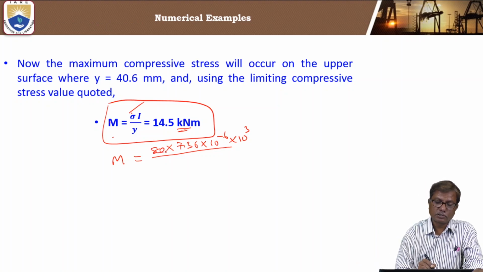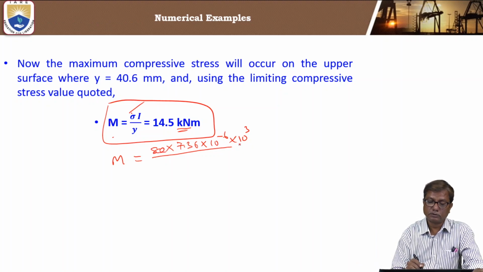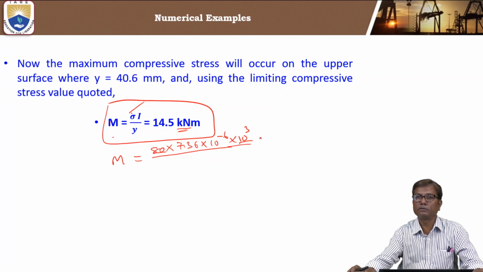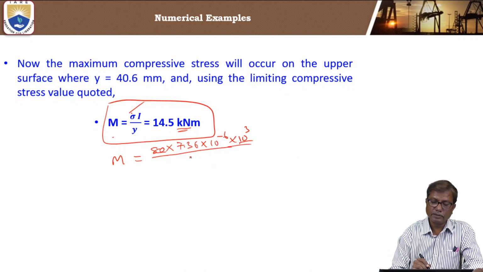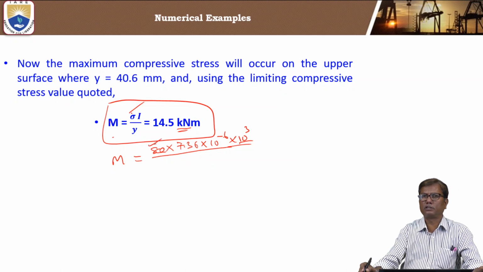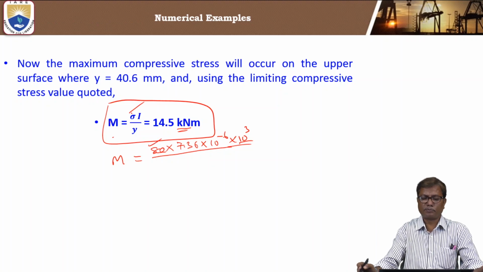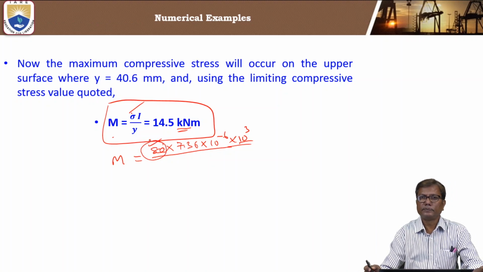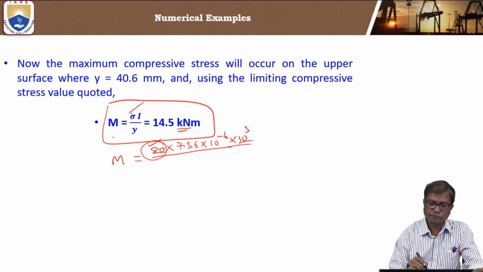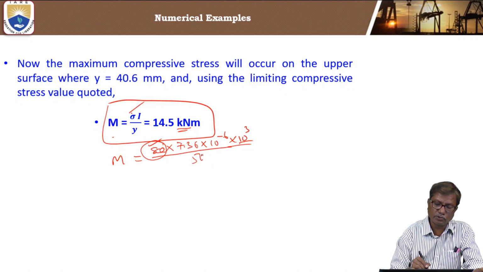So convert meganewton into kilonewton by multiplying with 10 cube, divided by YT, the topmost fiber we are considering, because compression means at the topmost fiber you will have compression. Limiting stress is sigma T, that is 80. So YT is 50.6.